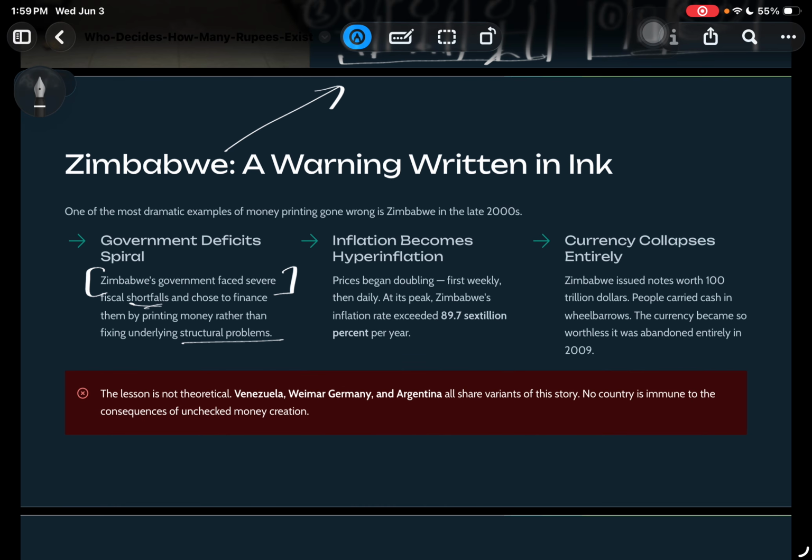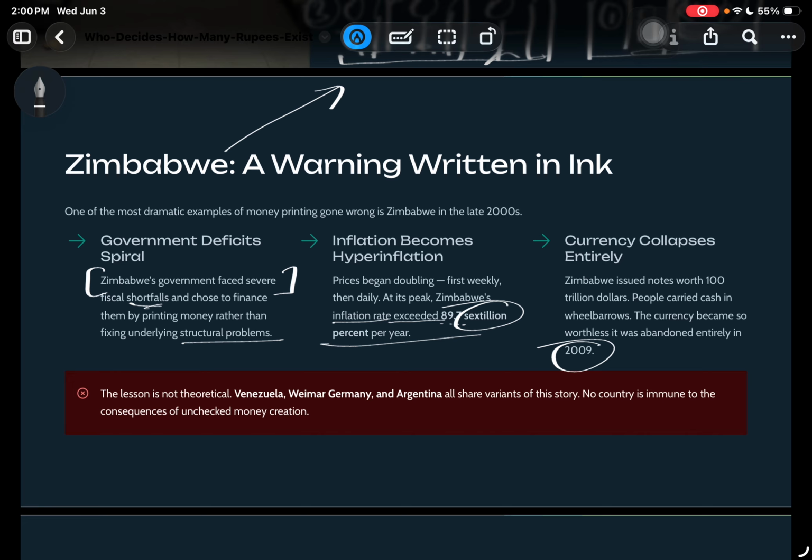Right? So in that scenario, inflation became hyperinflation because the inflation rate exceeded 89.76 trillion percent per year. And ultimately, not surprisingly, in 2008, 2009, the currency became so worthless it was abandoned entirely.